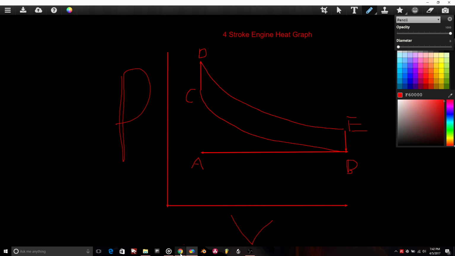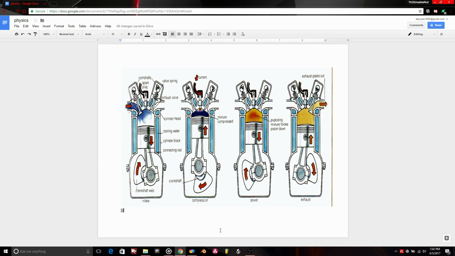So let's get started on how this actually works in the engine. This is where we go to our diagram over here. We have our diagram for our power stroke. It's pretty simple. The spark plug ignites our air-fuel mixture, which creates heat, which is what a heat engine is supposed to do, and pushes down the piston, which is pretty much the power stroke.